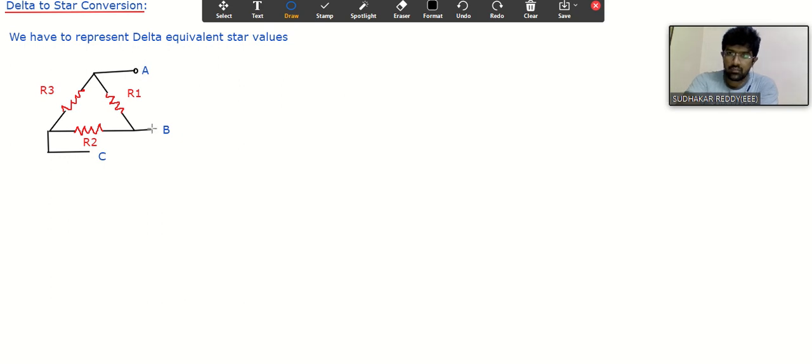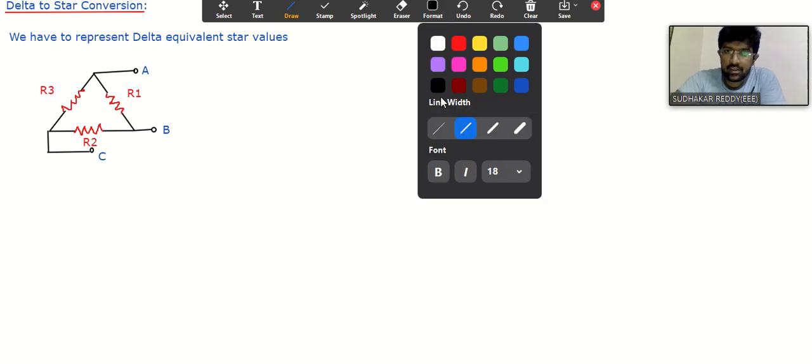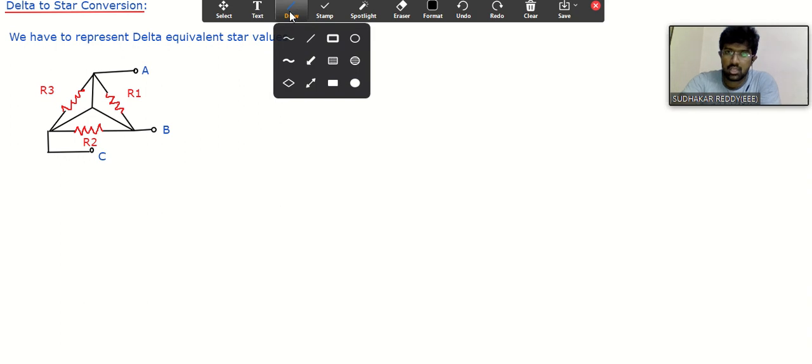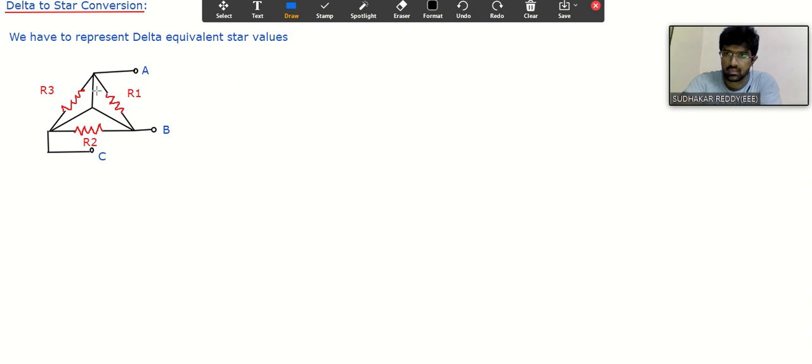So now we are going to convert this delta connection into star. That means indirectly, we need to find an equivalent star for this delta connection. Yes or no, that is what we are doing. And we need to find out the values of this star connection. So that is the meaning of delta to star connection.